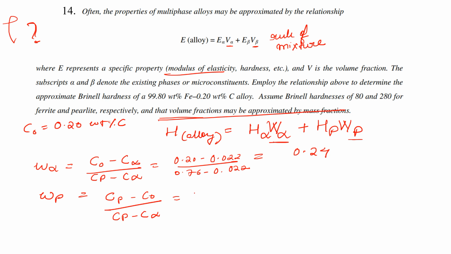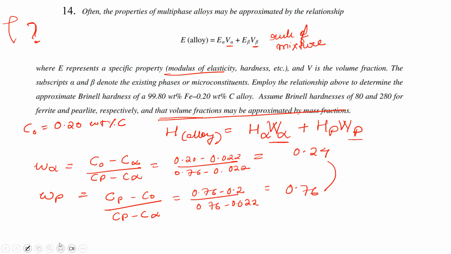That should be C p is 0.76 minus 0.2, divided by 0.76 minus 0.022. That should be 0.76, which is a complement of this. So you can just subtract it from 1 and you get 0.76 anyway.